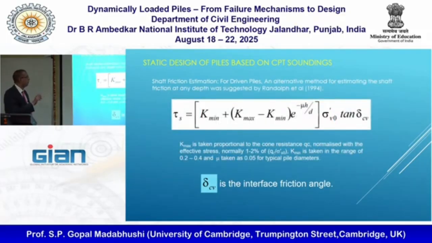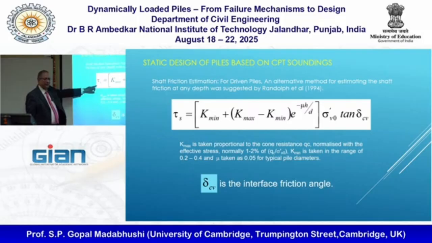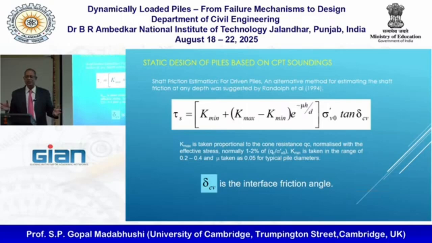Mark Randolph actually modified this, and this is in his Rankine lecture, when did he do it? 2005 or 6. It's based on his previous paper, and what Mark says is it's not a logarithmic function for the expansion. It should be a negative exponential function.